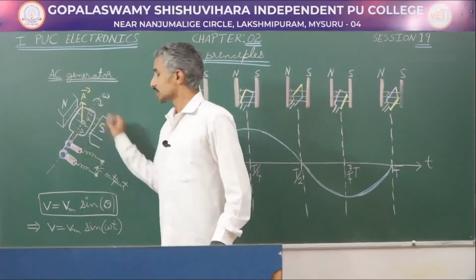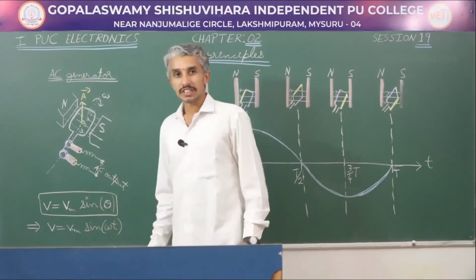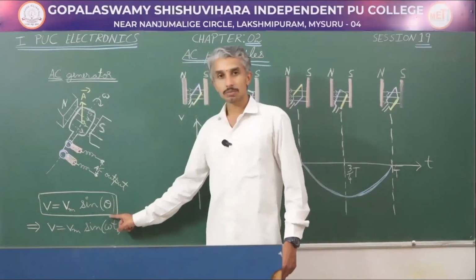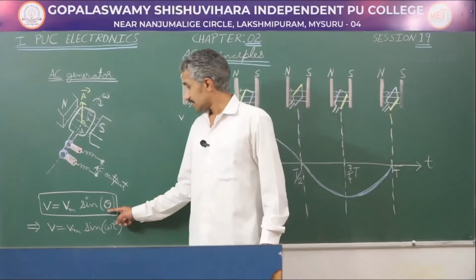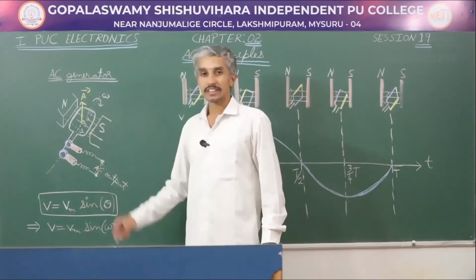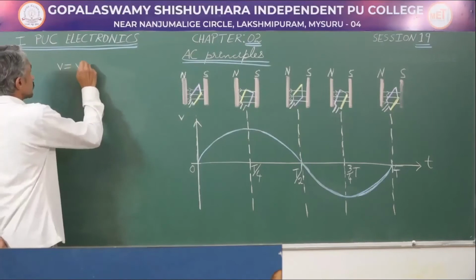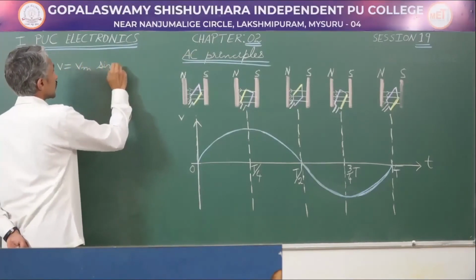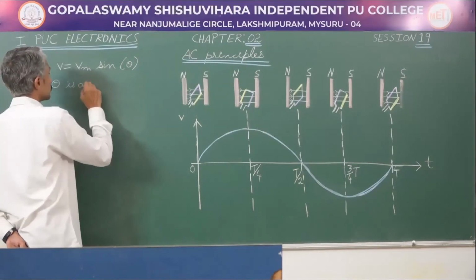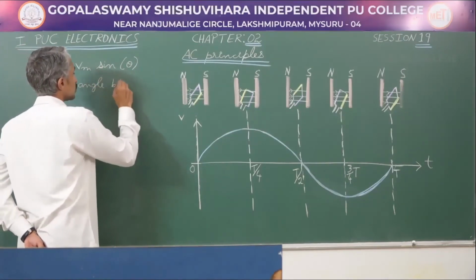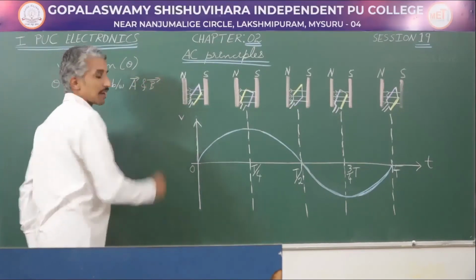As this angle changes, alternating voltage is generated, and this formula tells us how. Here the picture explains it in a very good manner. The AC is given by Vm into sin theta, where theta is the angle between the area vector and the magnetic field.